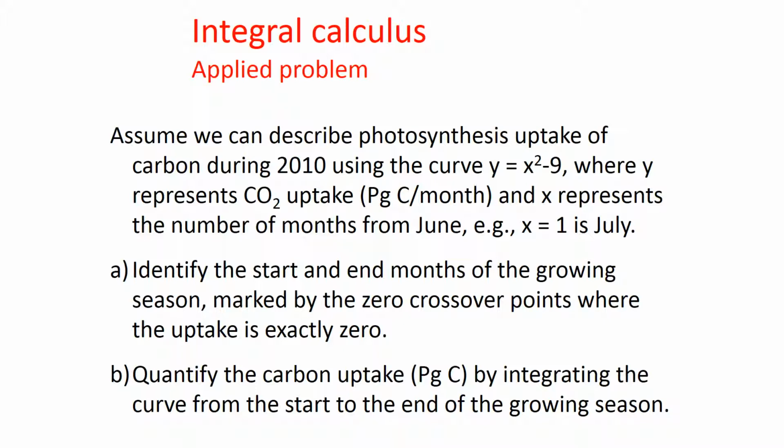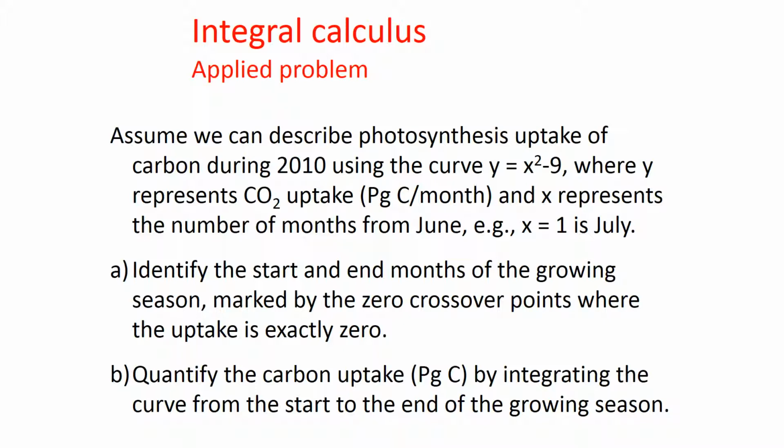If we think about what an area on this graph would be calculating, this is months. On a graph like this, the y-axis is petagrams of carbon per month, and we've got months on the x-axis, so area would be this value times this value. So the months in the units cancel out, and we just get petagrams of carbon.